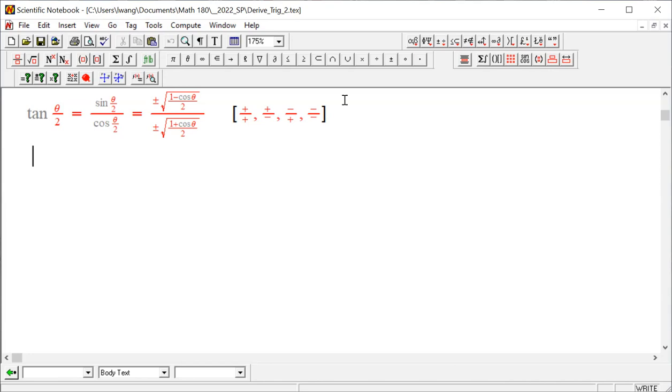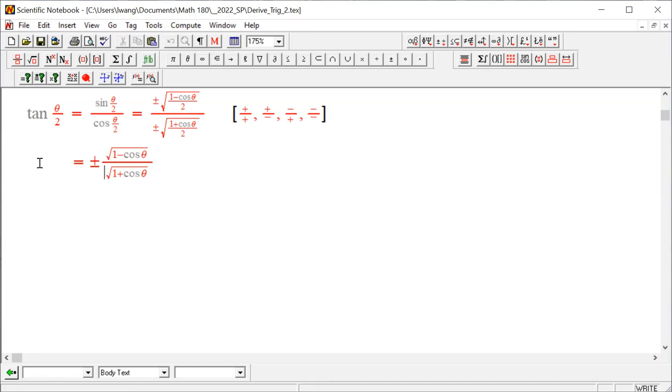As a result, the final answer for tangent half theta is plus minus the square root of 1 minus cosine theta divided by 1 plus cosine theta. Then you say, what happened to the square root of 2?